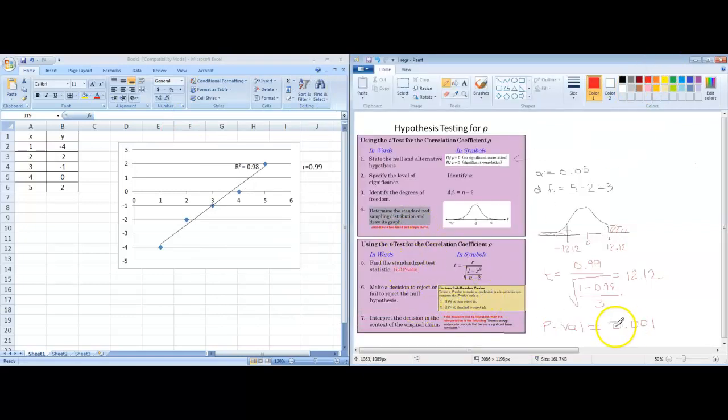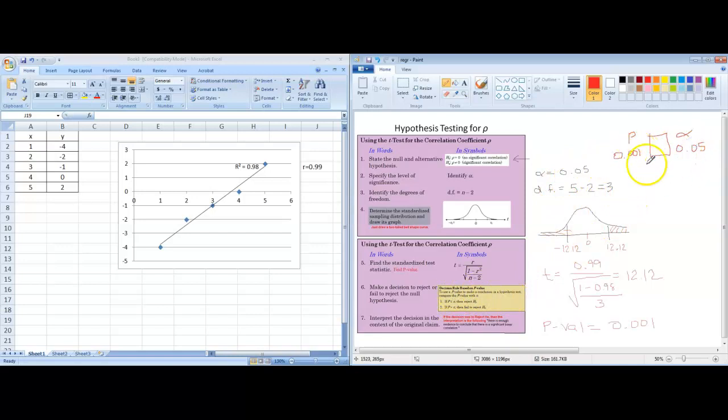Step 6 is when I make the decision. How do I make the decision? I hope you remember this chart from previous week. I'm going to compare the p-value against my alpha. My p-value came out to be 0.001 and my alpha was 0.05, my significance level.